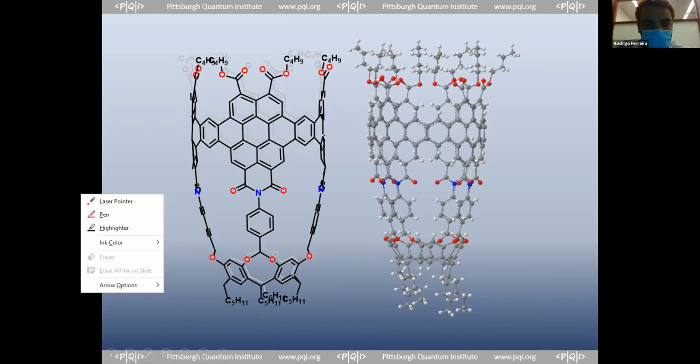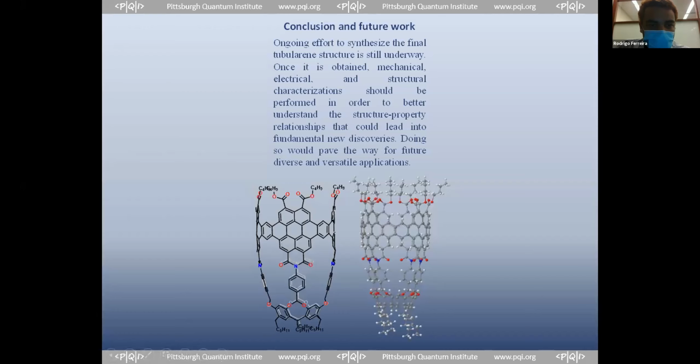So for example, let me show the structure here. If we look at the bottom part of the structure, we see that we have some alkyl chains with 5 carbons, as well as some alkyl chains on the top part of the structure.